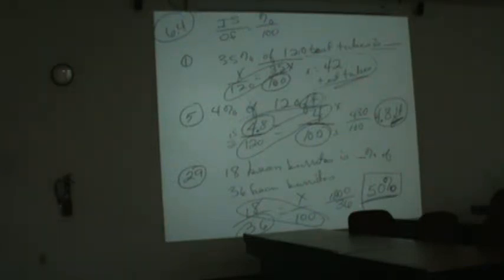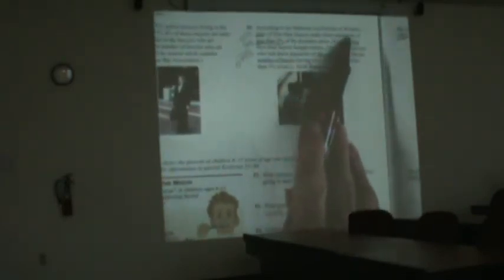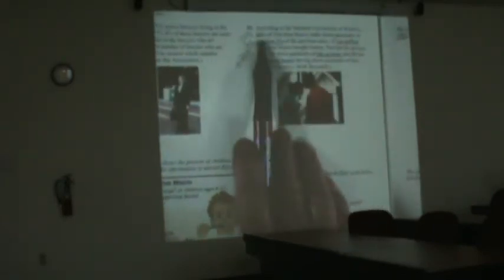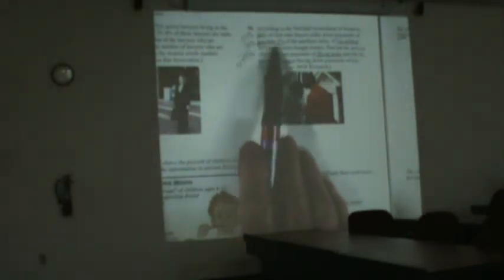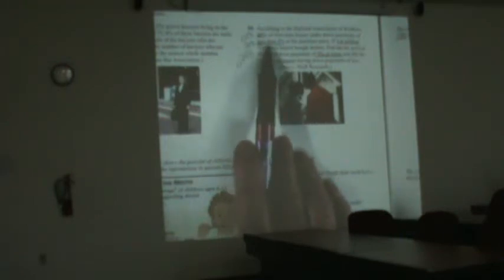Okay? Let's look at page 428. Got some word problems there. According to the National Association of Realtors, 56% make down payments of less than 5%. So 56% don't do 5%, right?